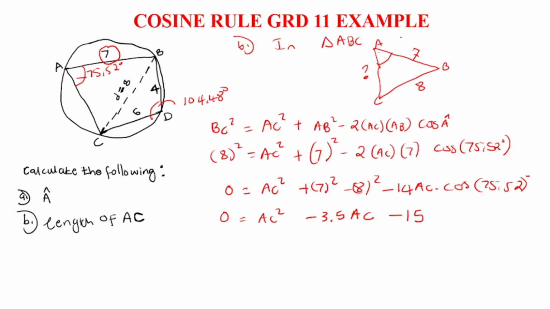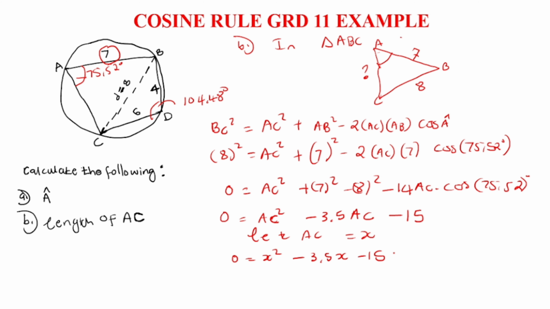Therefore this should give you this equation. I know some of you are saying, but now how are you going to deal with this? If I say let AC be equal to x, let's see now. I'm going to say 0 equals x squared minus 3.5x minus 15.